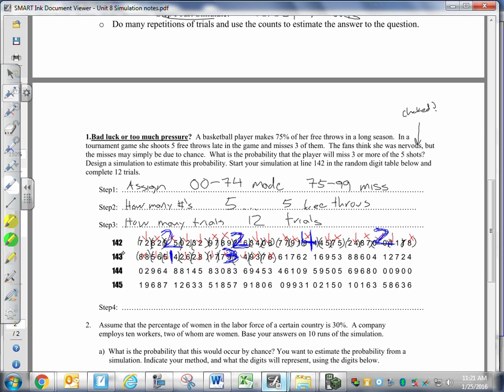I've gotten 2 misses, and 2 misses, and 4 misses, and 2 misses, and 1 miss, and 3 misses. Okay, that's good. So this is how many? 1 miss. And this is 1 again.